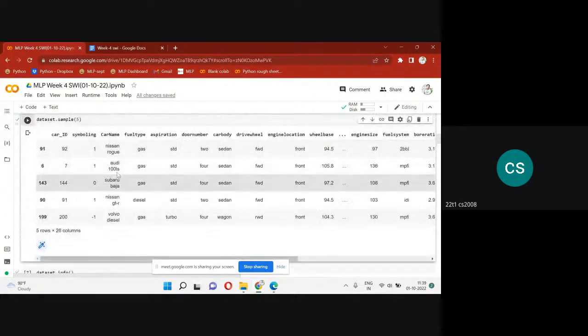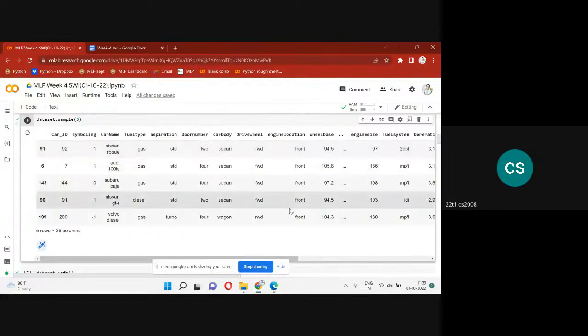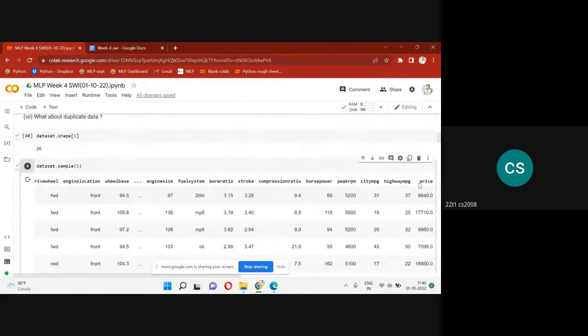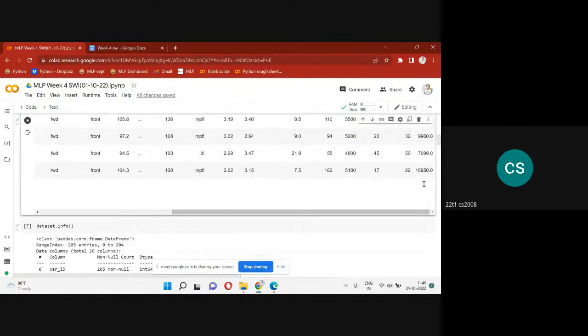Fuel type, gas and diesel, door numbers, car body type, drive wheel, engine location are there. Your final dependent variable here is price, so you have to predict the price.